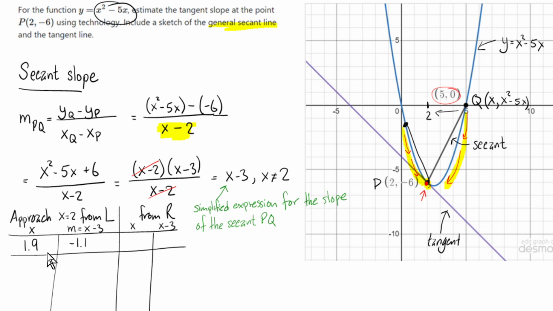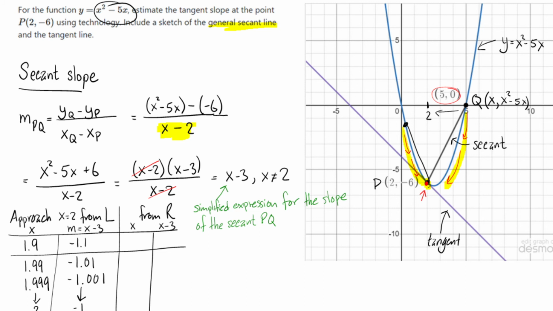Now we're going to go closer to 2, so we're going to put 1.99. 1.99 minus 3 is negative 1.01. We're going to do one more, 1.999. 1.999 minus 3 is negative 1.001. And then if we go all the way down to 2, 2 minus 3 is negative 1.